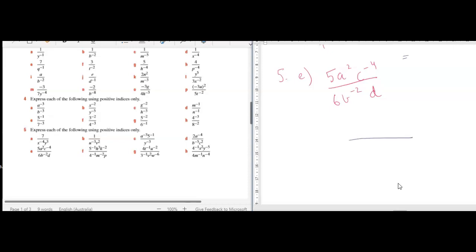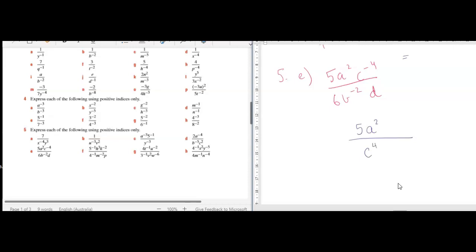So start your fraction just by putting in your vinculum, the line that separates your numerator and your denominator, and just go through each thing separately. So this 5 stays on our numerator, the a squared stays on our numerator. Now the c, because it's to the negative 4, comes down as positive 4, so c to the power of 4, okay?